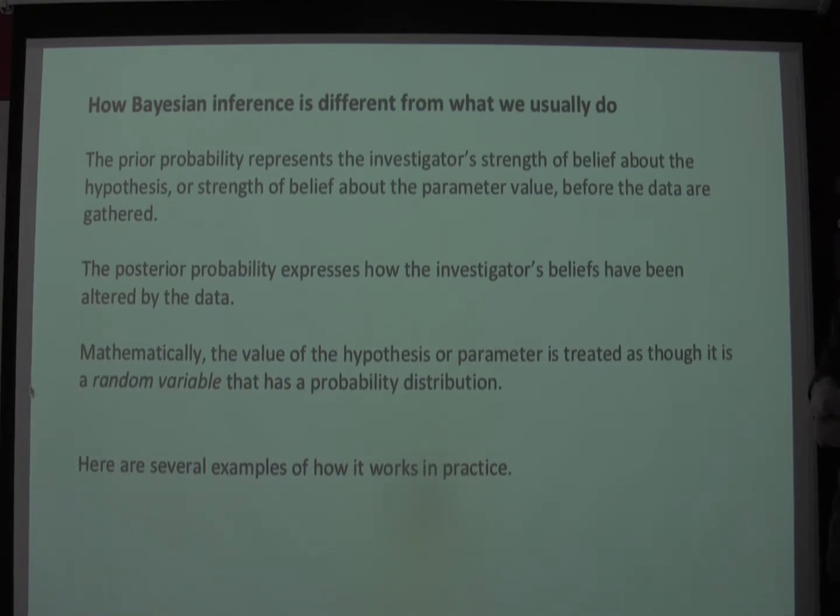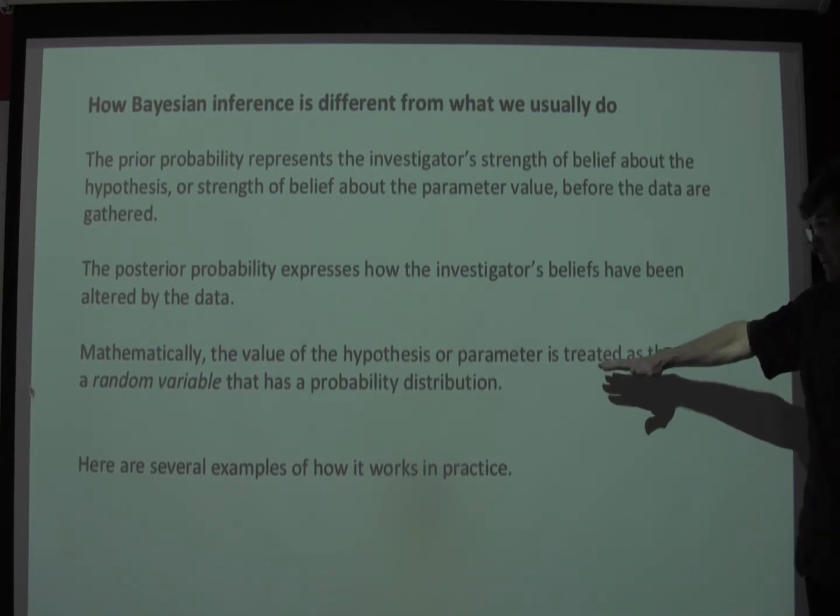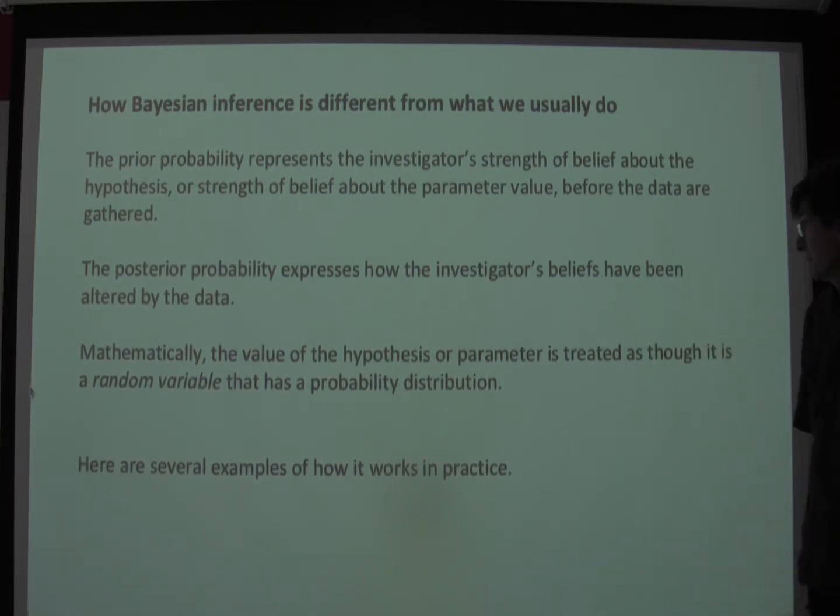And the posterior probability represents how the uncertainty has changed as a consequence of collecting data. Mathematically, the machinery is the same as that which we use in frequentist statistics. Mathematically, the value of the hypothesis or parameter is treated as though it has a probability distribution, as though it is a random variable.